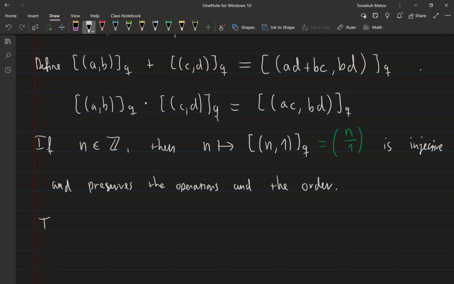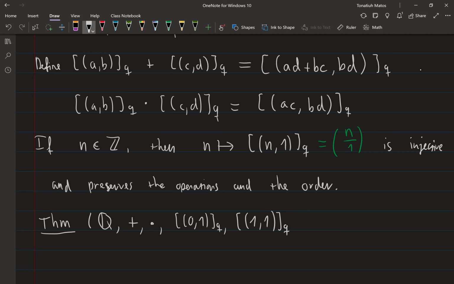So the most important fact about this is that if you take the rational numbers, with the sum and the product that I just defined, then you need a number 0, and I think you can guess what that is. It's 0 comma anything, let's say 1. And you need the number 1, which can be anything of the form (a, a), but we might as well pick one representative that we're comfortable with, which is (1, 1).